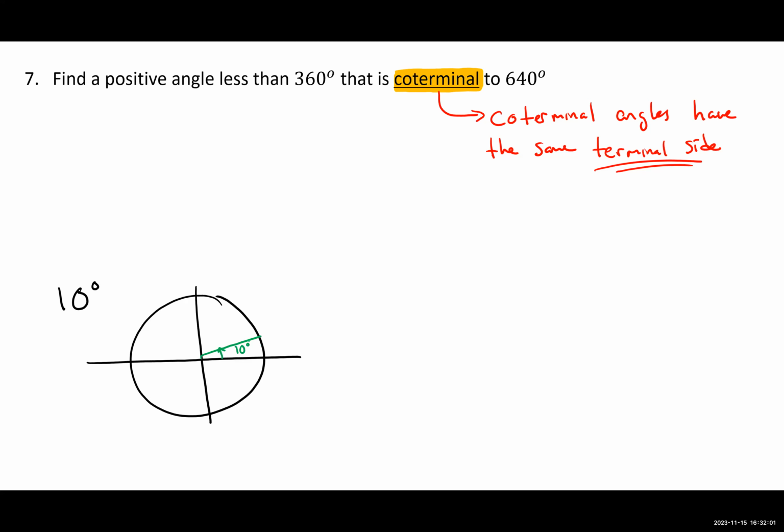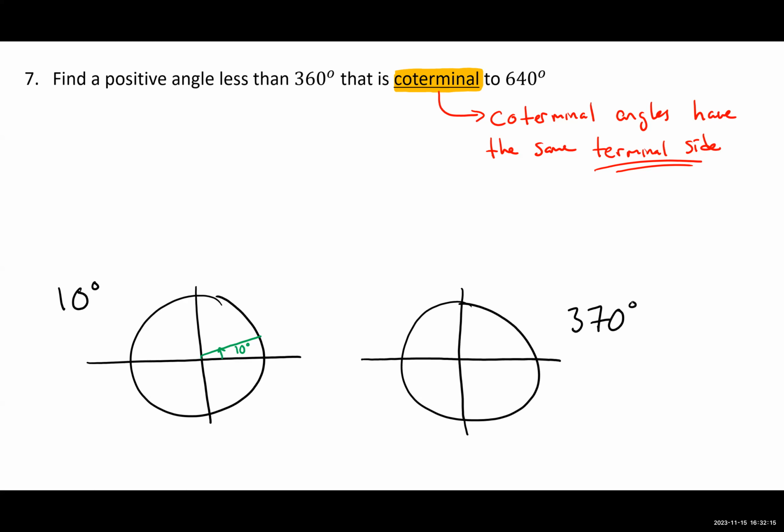Okay, well now think about the angle, I don't know, 370 degrees. Well, 370 is equal to one full circle plus 10 degrees.